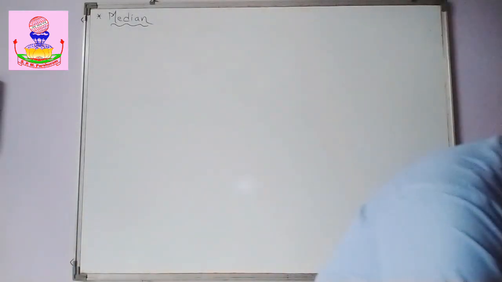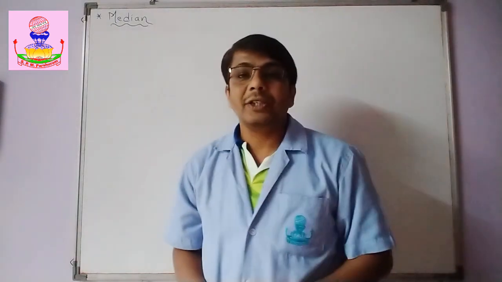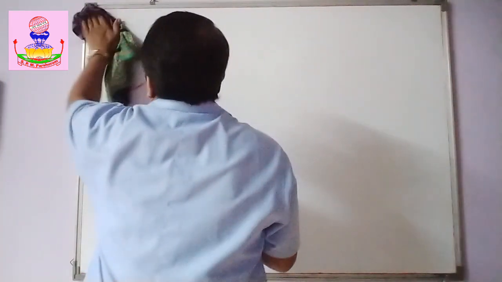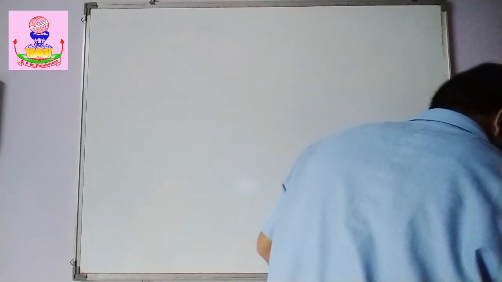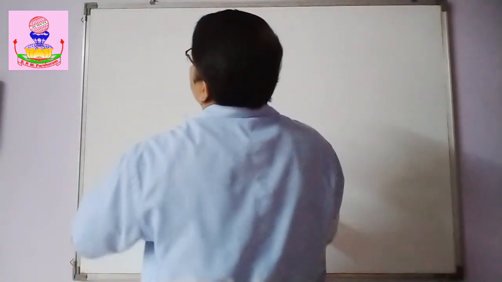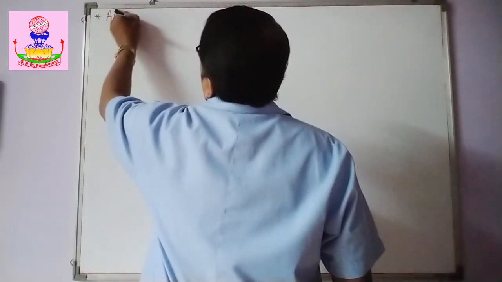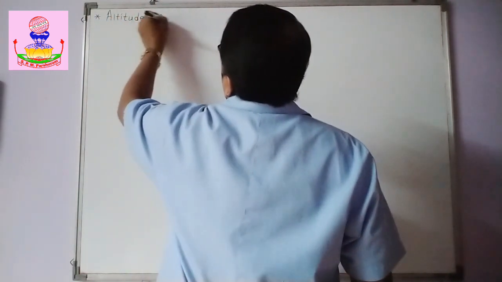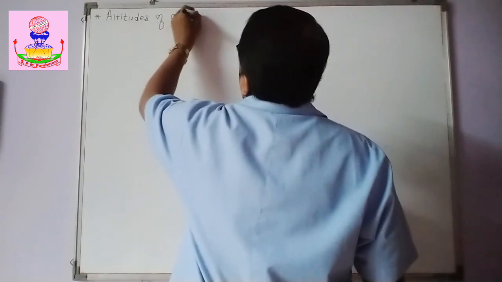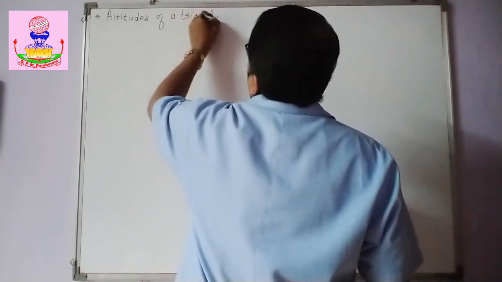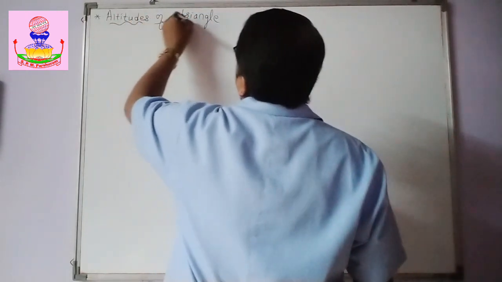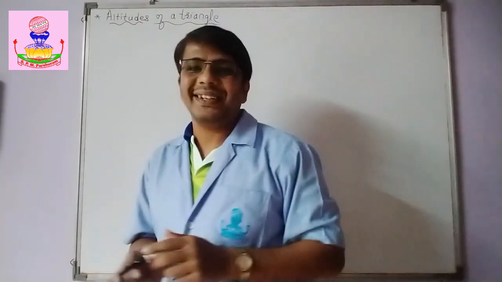Okay, now next part after these medians is altitudes of a triangle. Now what are altitudes of a triangle?